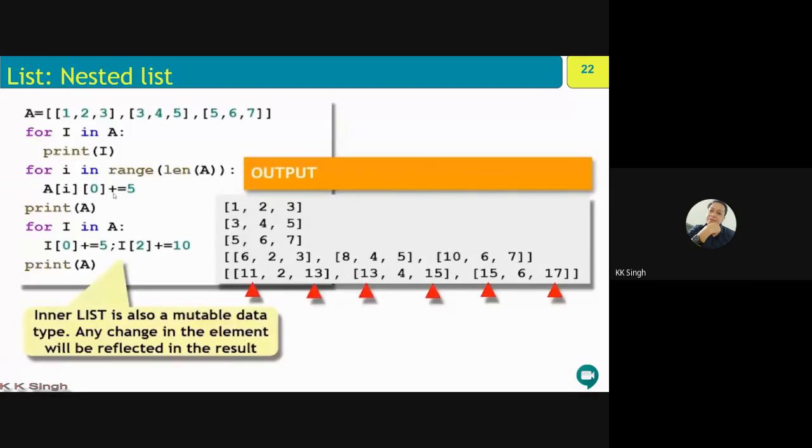See here. और जब i आगे बढ़ता है, यानी 1, so 1, 0 means this, 3 plus 5 is 8, and the rest of the values are unaltered. When i becomes 2, so 2, 0 is 5, and 5 plus 5 is 10. So the first element of every list is incremented by 5. Okay, so when you print, it will print like this. Clear?